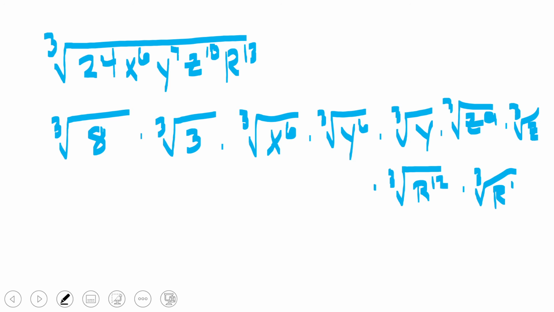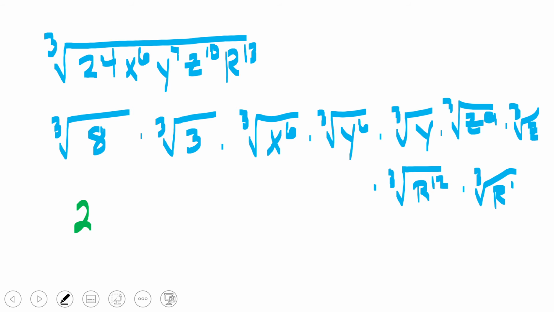Alright, so we factored out exponents that would be divisible by our index of 3, and then address the remaining value. So right away, for the cube root of 8, we get 2.